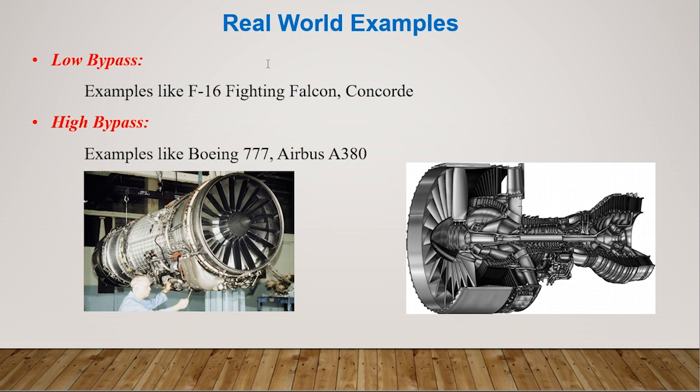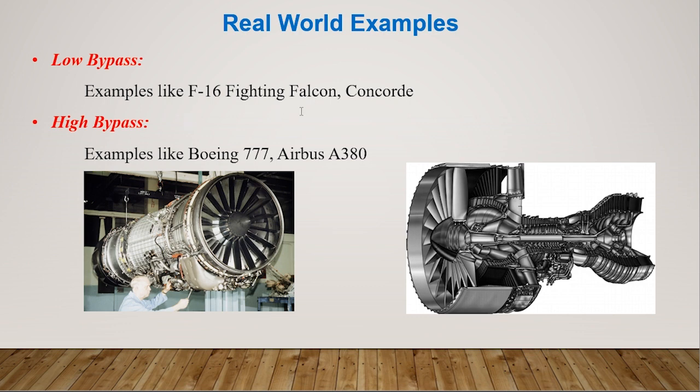And for real world examples, for the low bypass turbofan engine you can see here the bypass is very small. From the outer view it looks exactly like a turbojet engine, but it is a turbofan engine. You can see the fan size is small and the frontal area is also less.